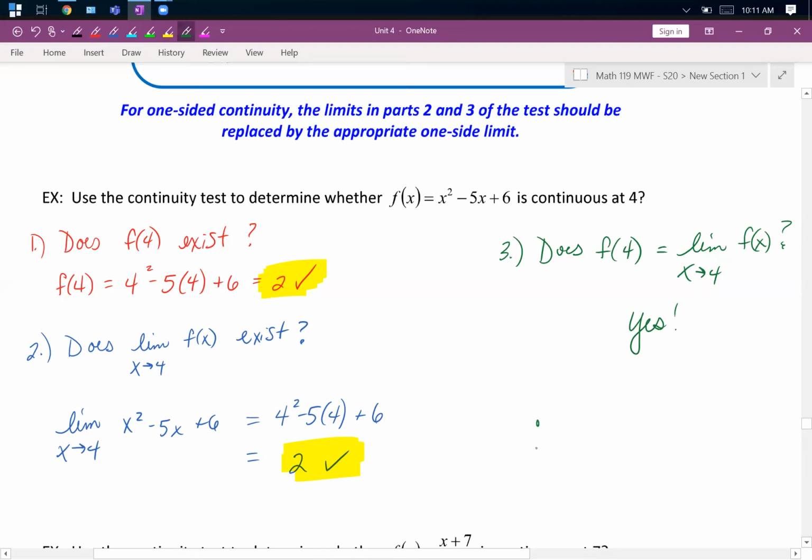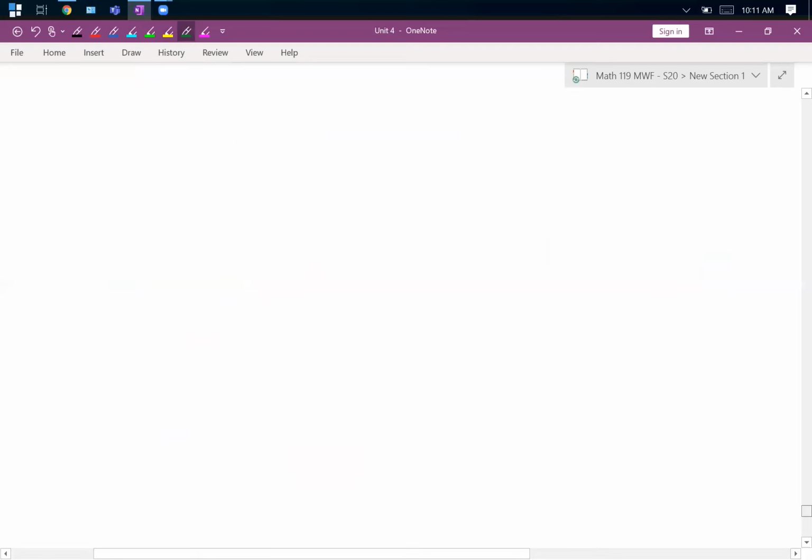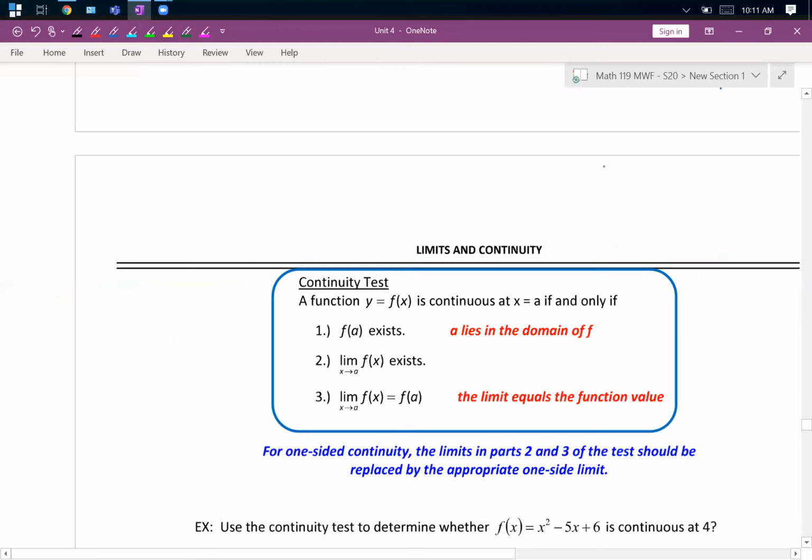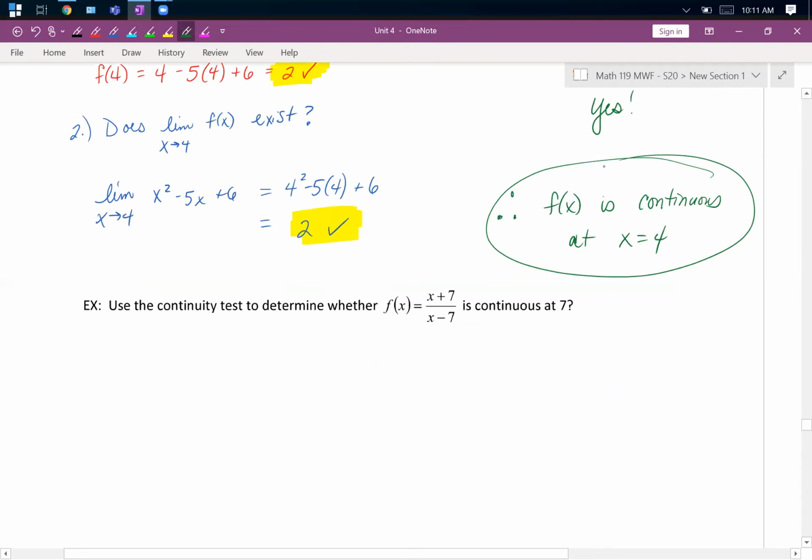Therefore, f of x is continuous at x equals 4. Questions?